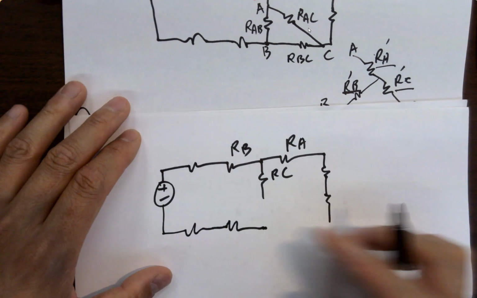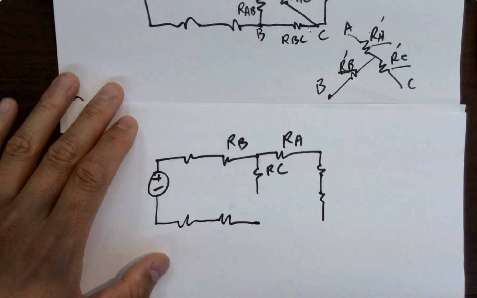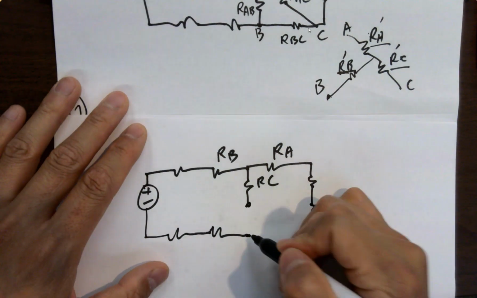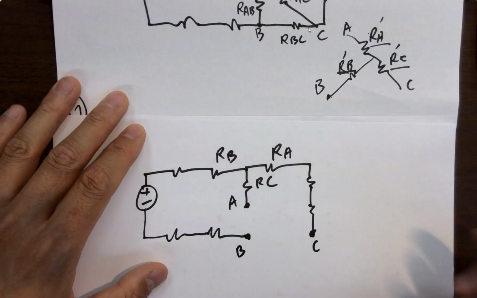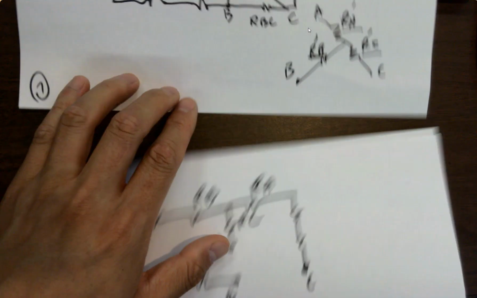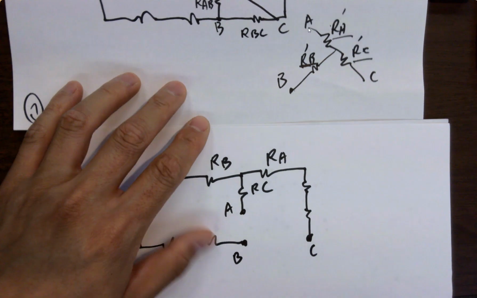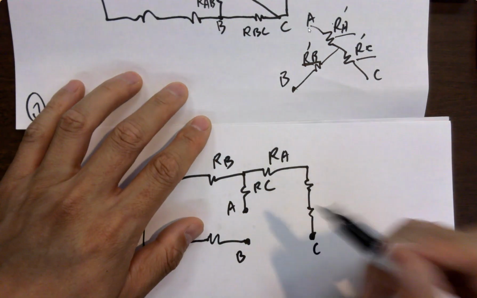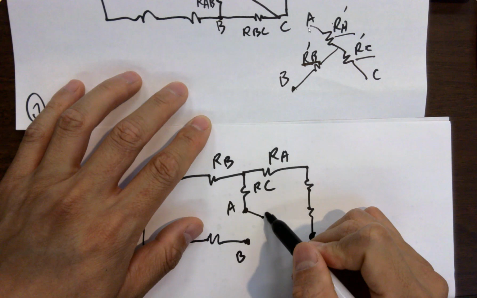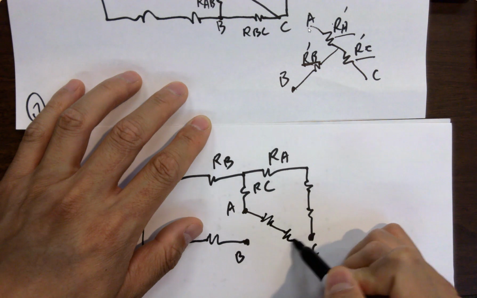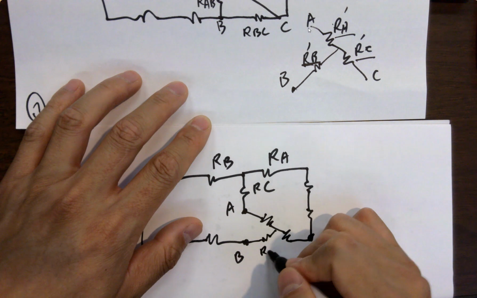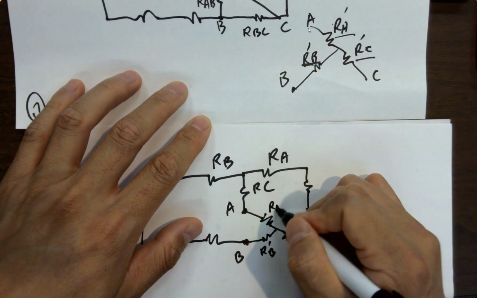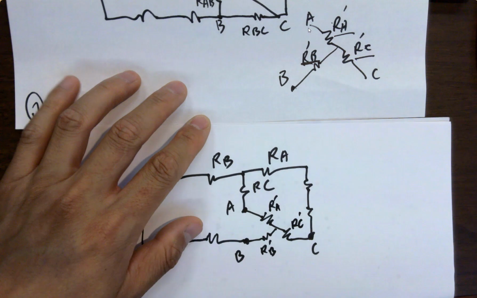Leave it open for now, because you are replacing the triangle with something else. So this is A, B, C. Then just put the T-shaped or Y-shaped resistors into it. It's RB prime, RA prime, RC prime. Okay, like that.